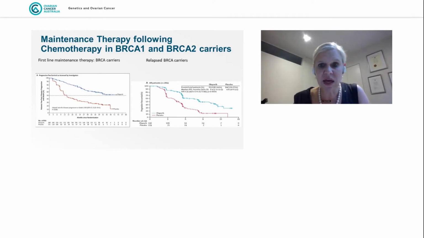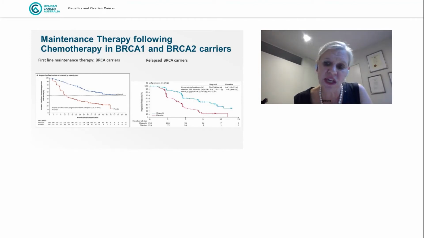There was a study that again looked at the comparison of olaparib with a dummy drug, and again, following chemotherapy with platinum, you can see that within a few months the women who were receiving the olaparib had a lower chance of their tumours relapsing again than those women who received the dummy drug.